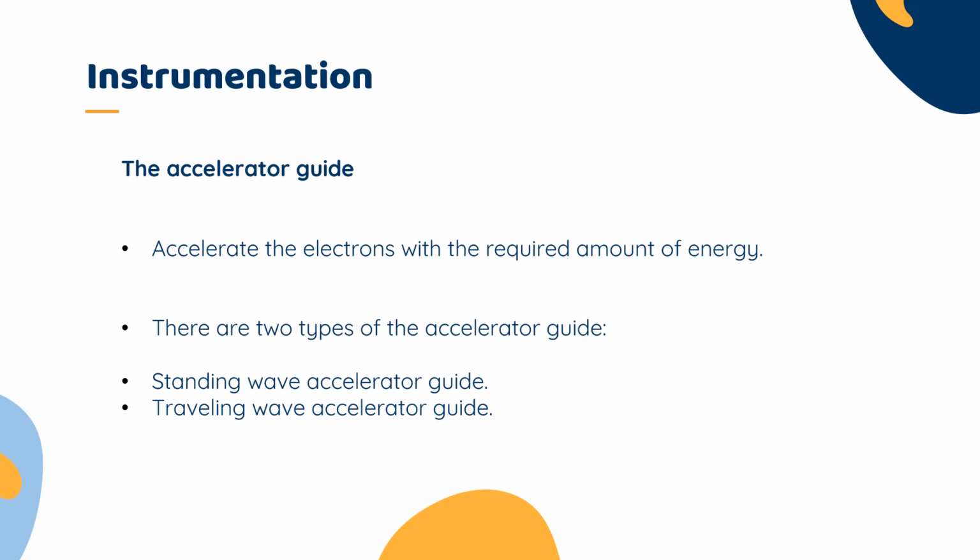The traveling wave guide accelerator has a cavity of accelerator and develops the microwave through the accelerator tube. While the standing wave type makes the accelerated microwave oscillate inside a sealed tube from both sides, causing microwave reflections which increase the intensity.